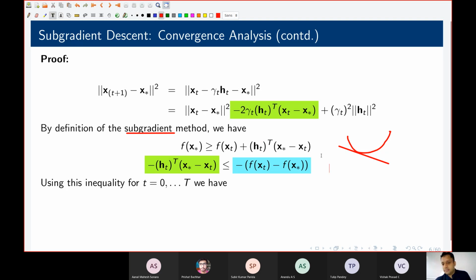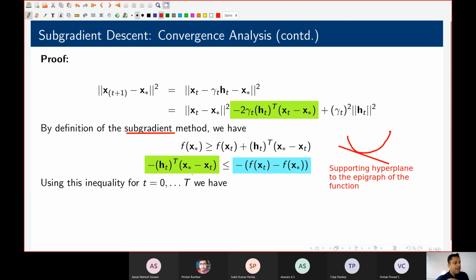Okay, so this is the supporting hyperplane to the epigraph. Okay, I showed this to be differentiable, but you can have it non-differentiable as well. Okay, and this is fine.